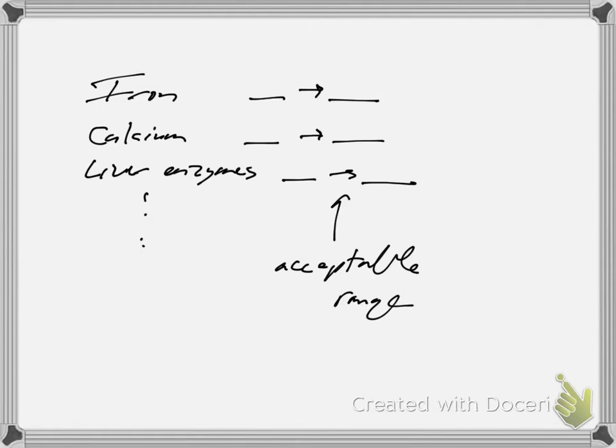Well, how do they determine those ranges? How do they get that acceptable range is the question I have. Well, the way they do it is they look at human beings. They've been taking a lot of blood of a lot of humans and doing a lot of tests for a long time. They look at healthy individuals and, using statistics and standard deviations, they determine what would constitute a healthy range, a standard deviation from the average.